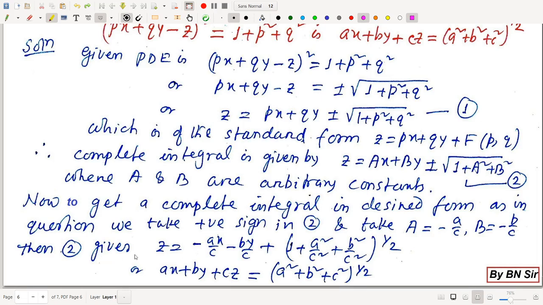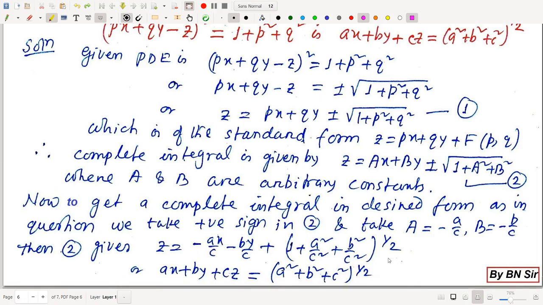Then number 2 becomes z equals minus ax by c minus by by c plus root over 1 plus a square by c square plus b square by c square, and then c square to the power half means c will be there, so crossing c it is cz, and ax, by will change side, so ax plus by plus cz equals (a square plus b square plus c square) to the power half.